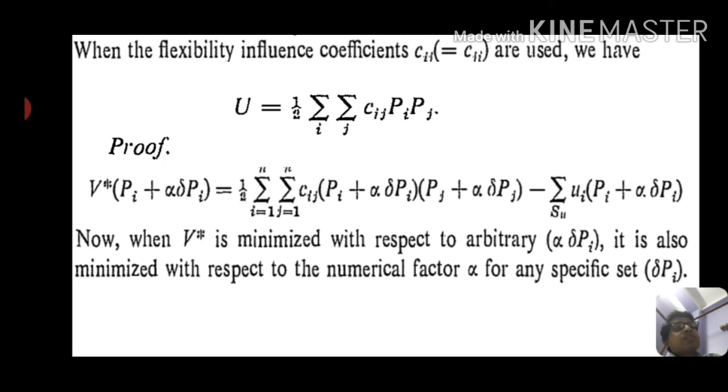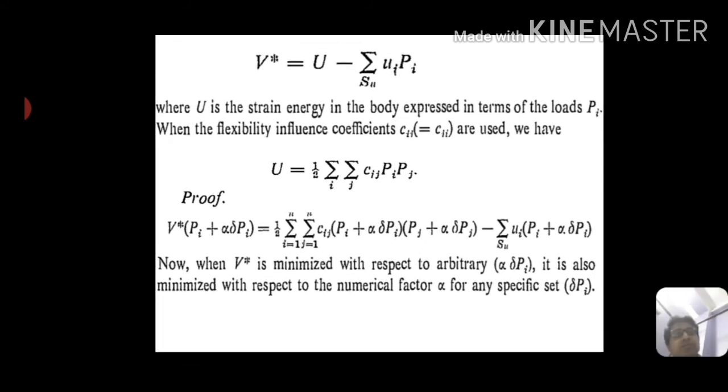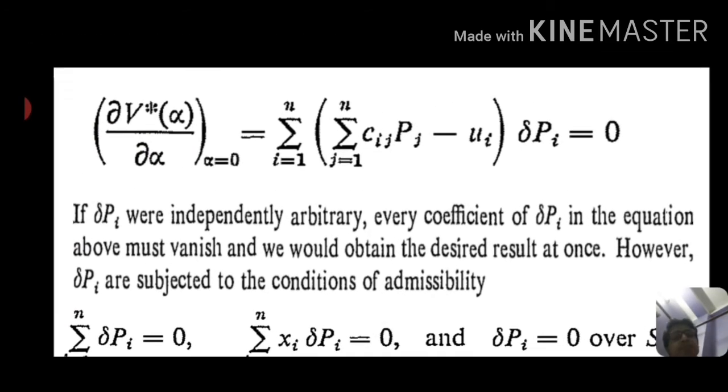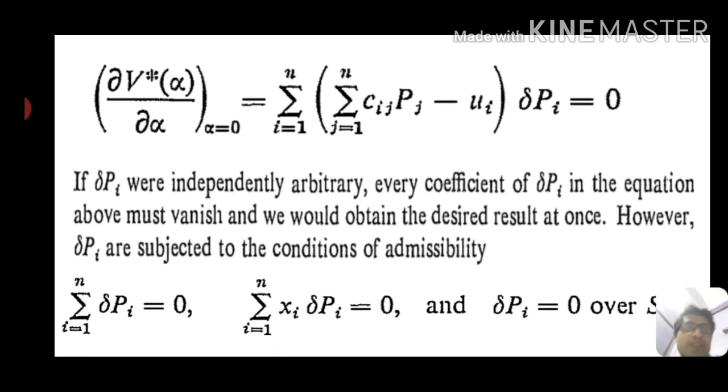Carrying out this differentiation, we have delta V star by delta alpha at alpha equal to 0 equals the summation over i equal to 1 to n, j equal to 1 to n, of Cij Pj delta Pi minus Ui delta Pi equals 0.